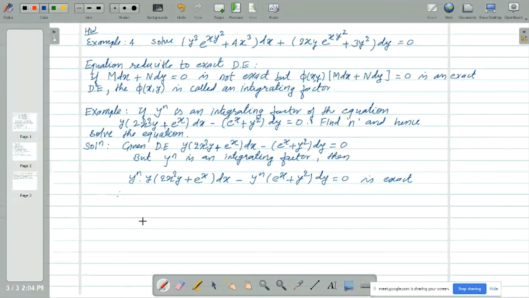Therefore, the base y is the same, so the powers will be added: y raised to n plus 1.